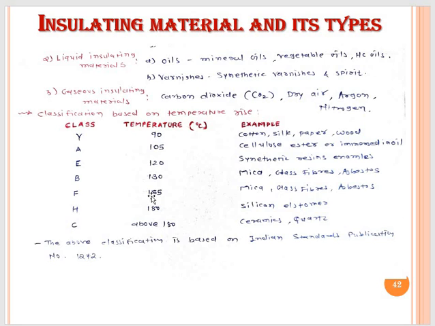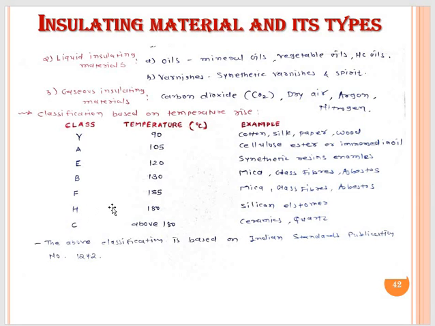Class F has a temperature capacity of 155 degrees Celsius. Mica, glass fibers and asbestos are also in the category of class F materials.